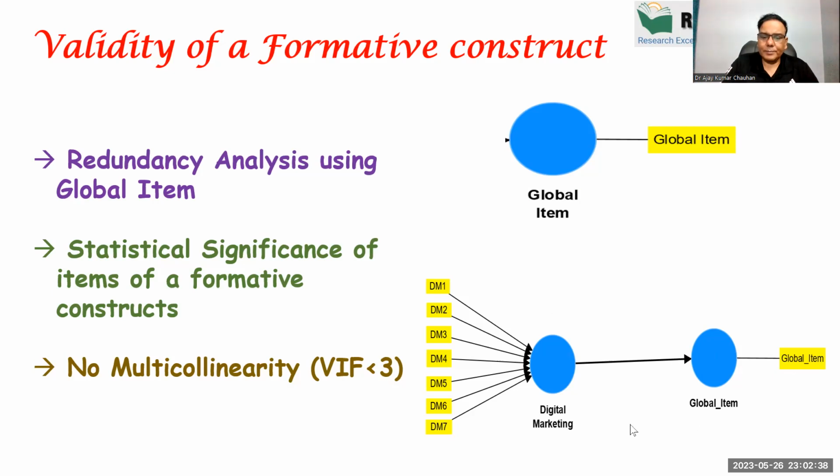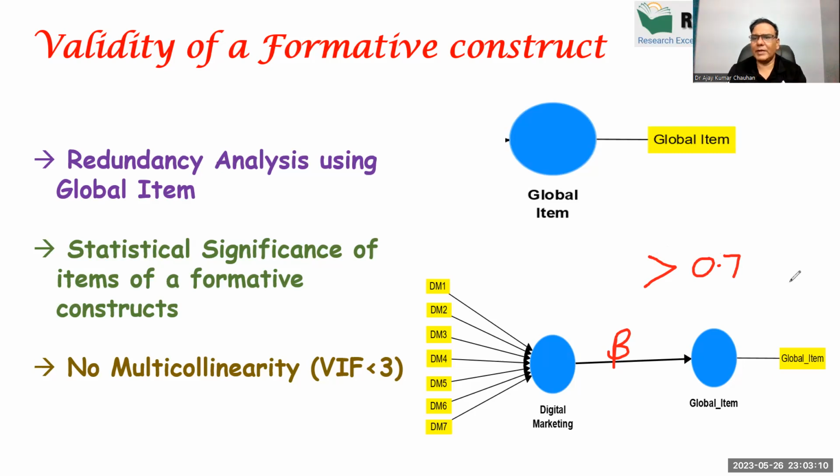And the path coefficient. So let's say beta is the path coefficient showing you the impact of the formative construct on the global item. This should be greater than 0.7. If the beta is greater than 0.7, it is indicating the presence of validity of the formative construct.